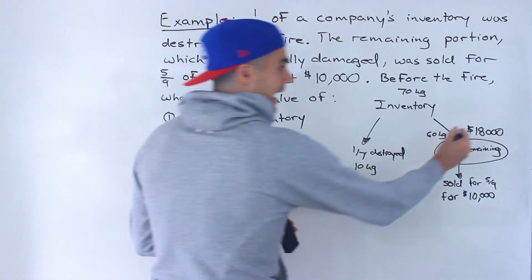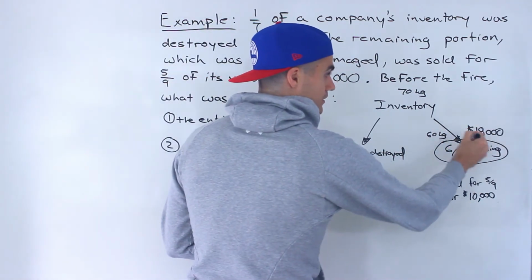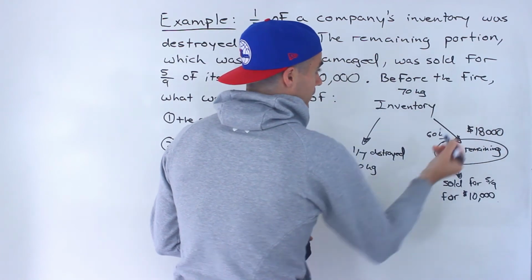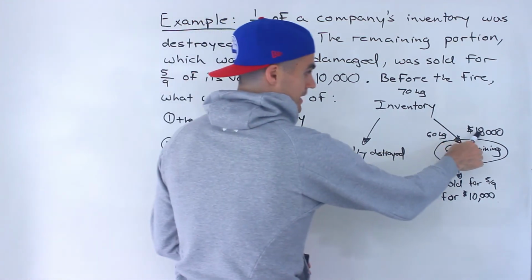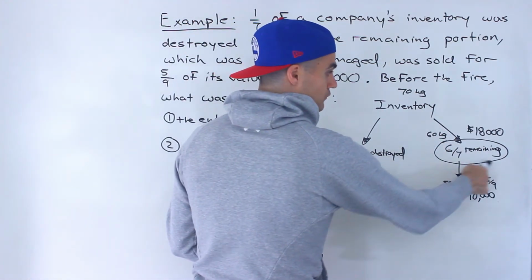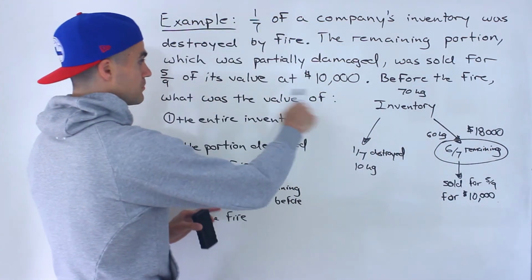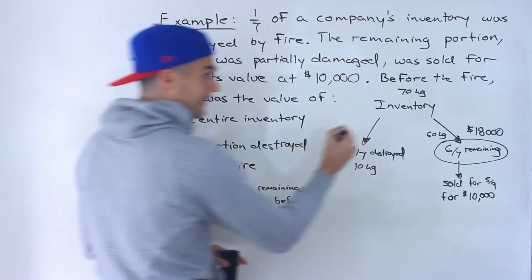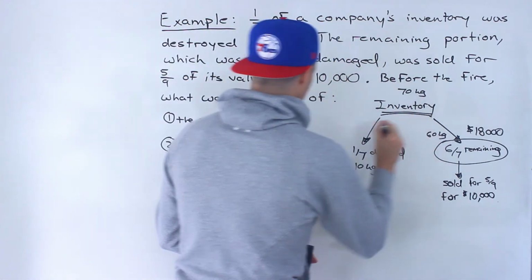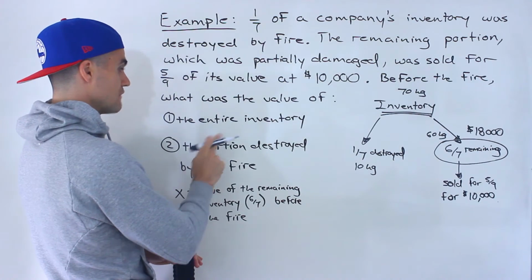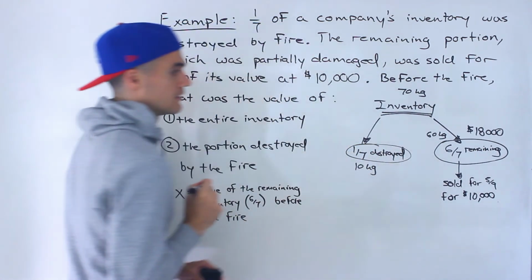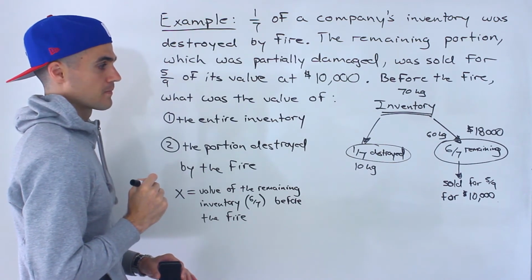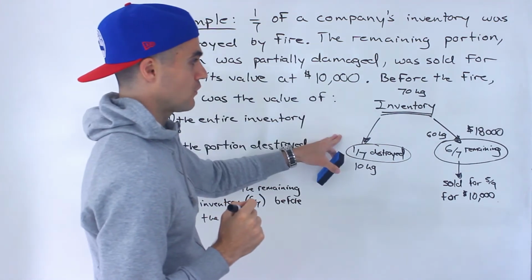Now that we have this, we can figure out these two things, because this 18,000 is the value of this portion before the fire, and they're asking before the fire what was the value of the entire inventory, and what was the value of the portion destroyed by the fire. That's what they're asking for.